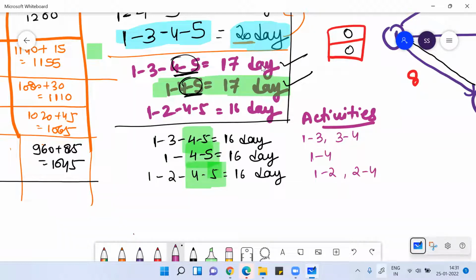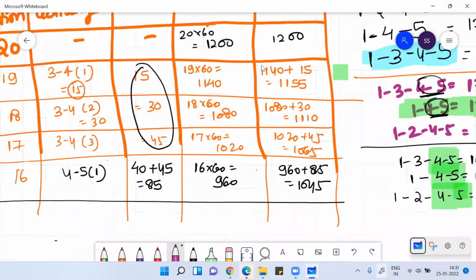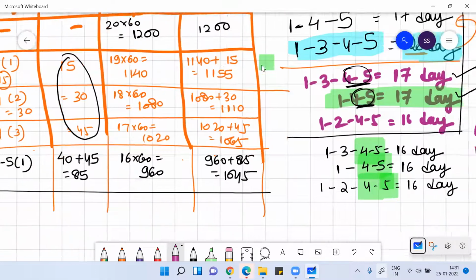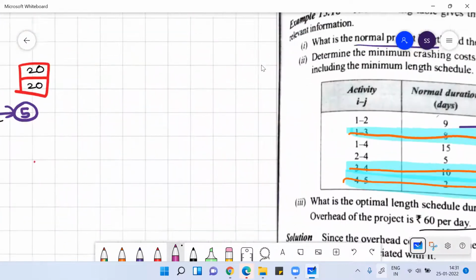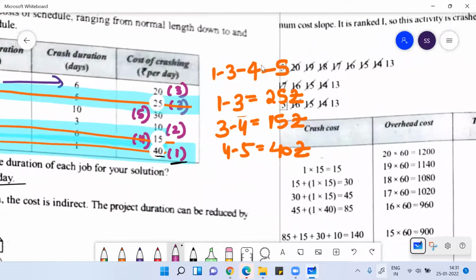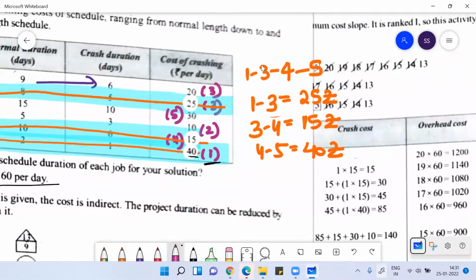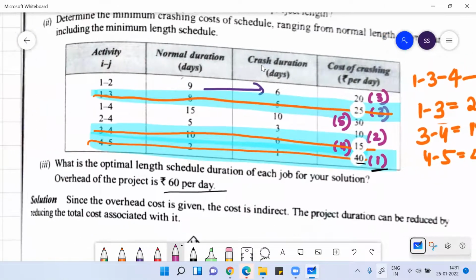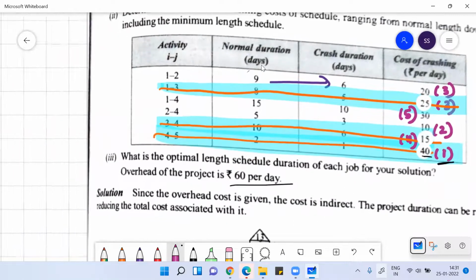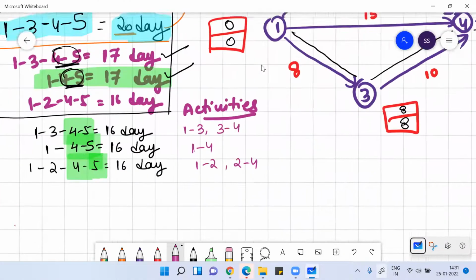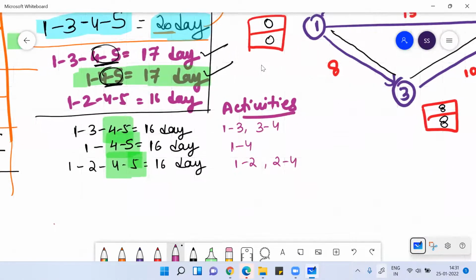Can you understand? In 3 to 4, I have crashed already for 3 days, and the total crashing available is 4 days, right? So I can crash 3 to 4 further for 1 day.